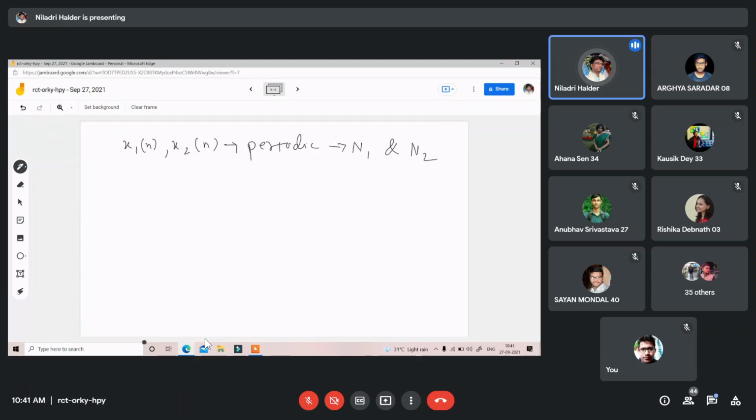So x1, x2 are periodic with the periods N1 and N2 respectively. So one equation is given, x[n] equal to x1[n] plus x2[n].